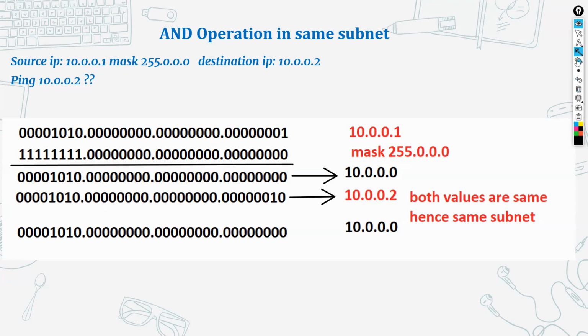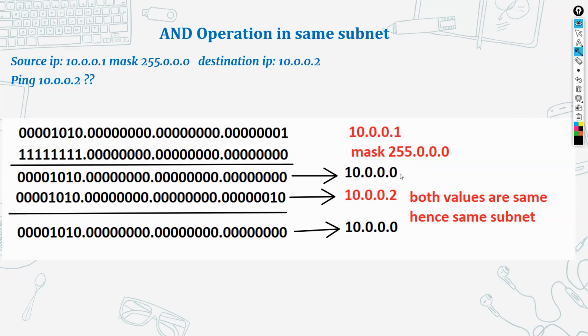Now there will be an AND operation between the result we got and the binary value of 10.0.0.2, the destination IP, this one. So now we got the result, and the result is this one.